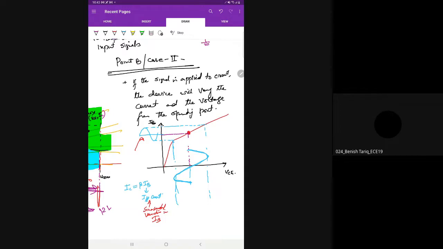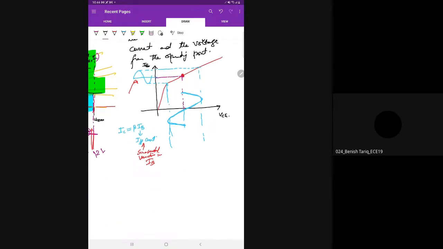We can say that if at point B, now see, the point B has been chosen somewhere at a point where it is allowing the device to react to both negative and positive variations.